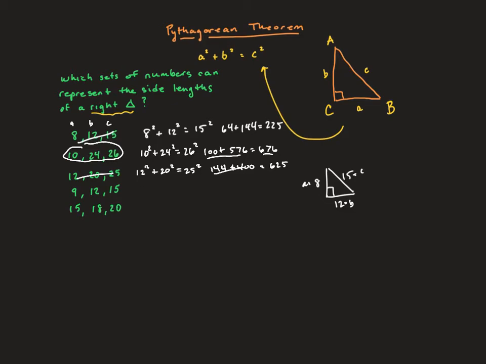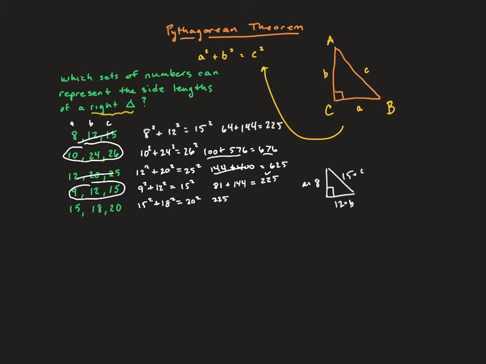Then I have 9 squared plus 12 squared equals 15 squared. That is going to be 81 plus 144 equals 225, and that is the case. So there we go, we have another Pythagorean triple, three sides that form a right triangle. And then we have 15 squared plus 18 squared equals 20 squared.